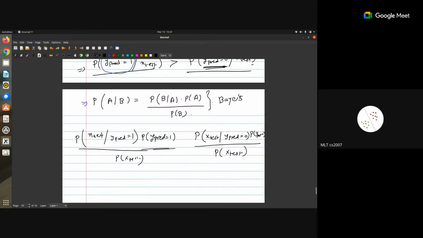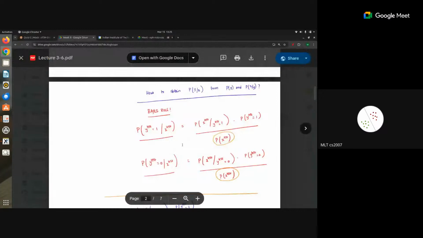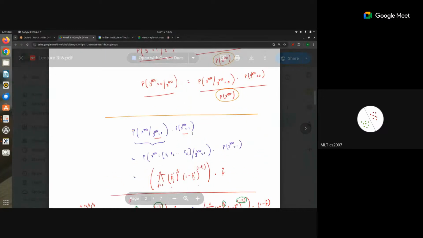If I wanted to compare these two values, I don't need to care about the denominator, because the denominator on both sides is the same. So I need to compare only these two values.